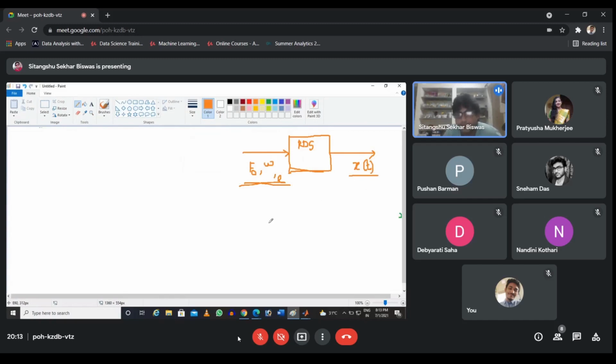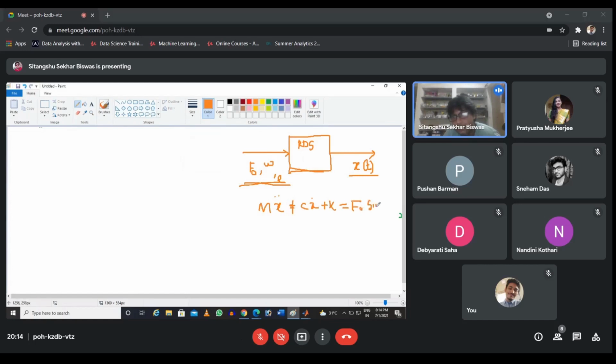So if we recall our differential equation, m x double dot plus c x dot plus k x is equal to F0 sine omega t.